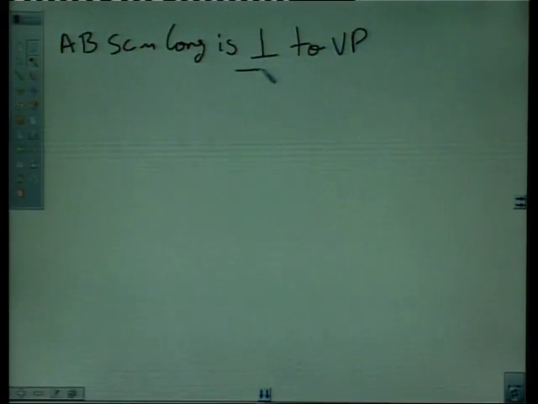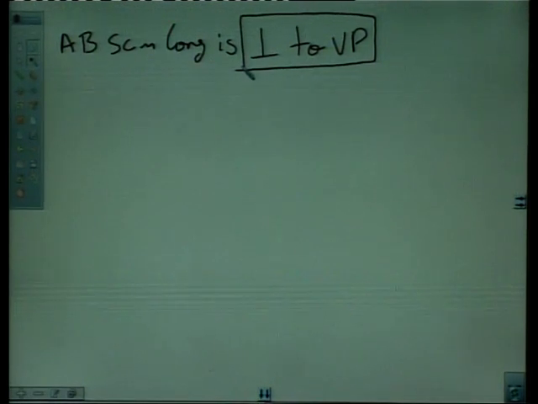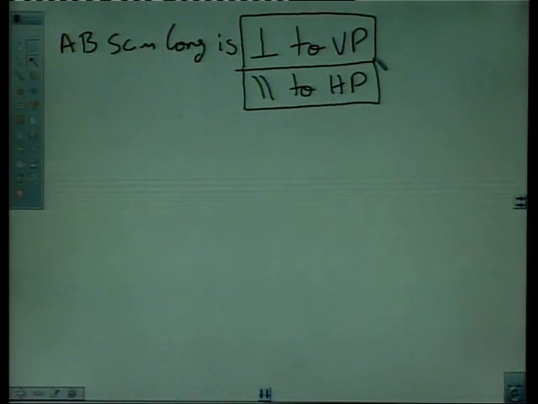Perpendicular to VP is the first condition, and parallel to HP, parallel to the horizontal plane, is the second condition, and 3 centimeter above the horizontal plane, this is the third condition.